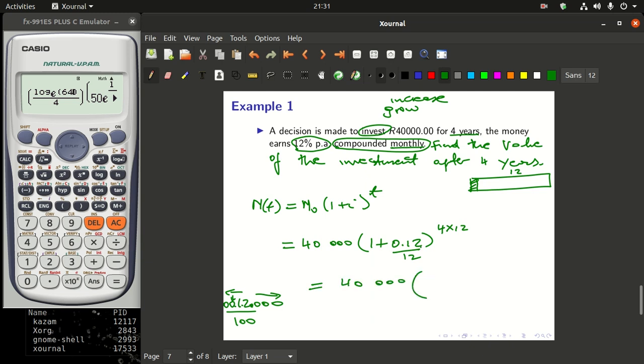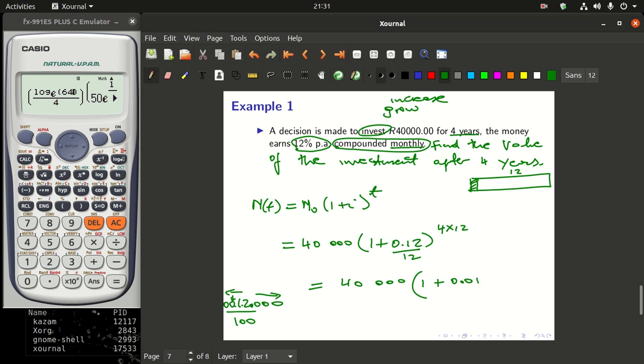And then this one is going to be, you have 0.12, and then you want to divide this by 12, so you're supposed to have 1 plus 0.01.